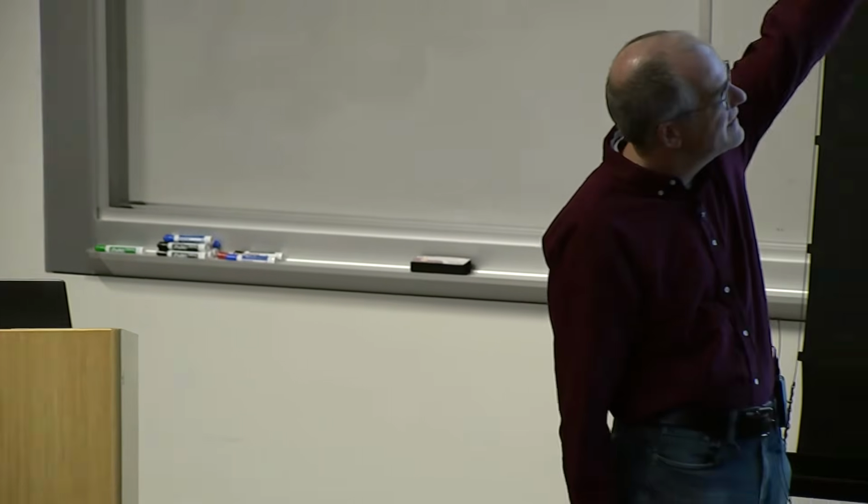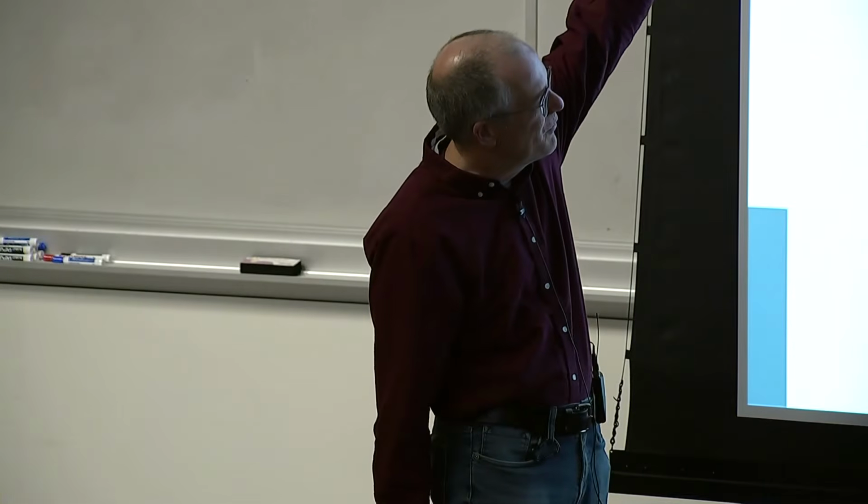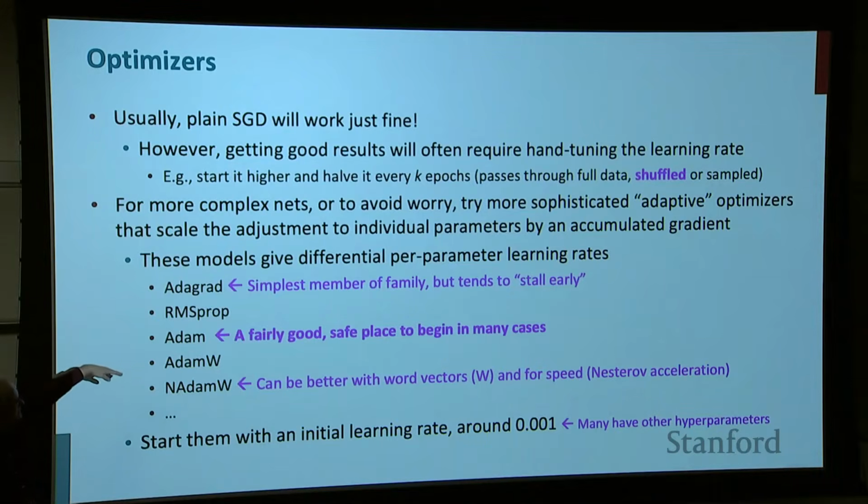And the idea of all the methods I mentioned, and the most commonly used methods, is that for each parameter, they're accumulating a measure of what the gradient has been in the past, and they've got some idea of the scale of the gradient, the slope for a particular parameter, and then they're using that to decide how much you move the learning rate at each time step.